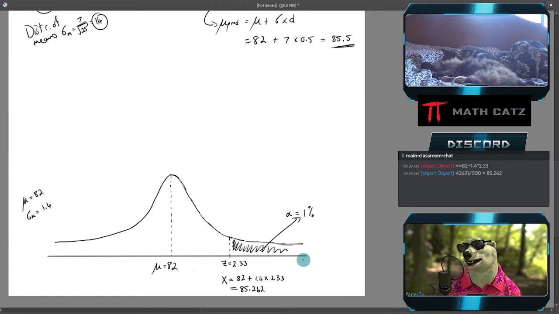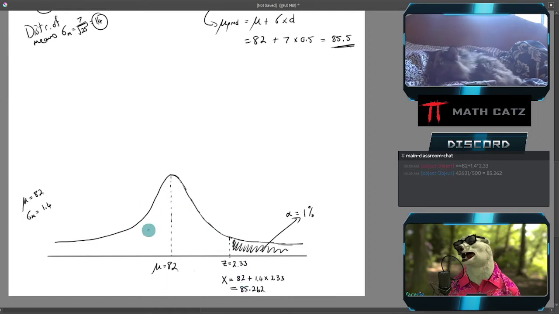This means that if I get an observed sample score greater than this 85 point something, I'm going to reject the null hypothesis. Also, if I get an observed score less than this cutoff line, 85-ish, I'm not going to reject the null hypothesis.